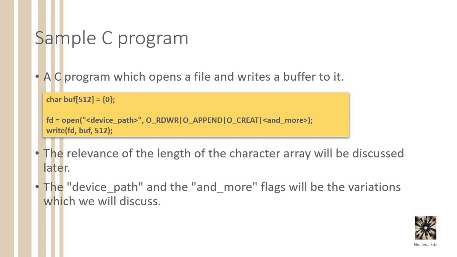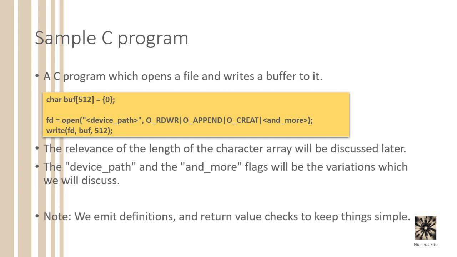So the open system call is a simple one where you send the path to the file that you want to open and the flags. Now what we're going to do is look into different variations of the open system call with respect to these two parameters, and we're going to look at how your IO is affected by that and the different paths that your IO will take depending on what parameters you pass to the open system call.